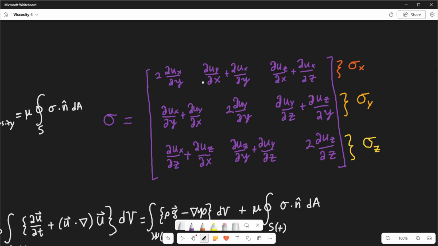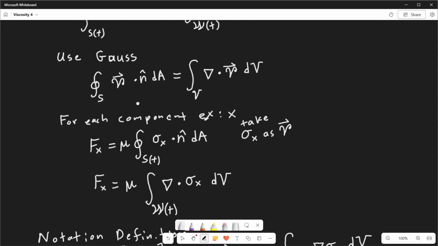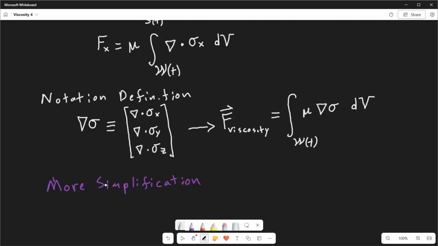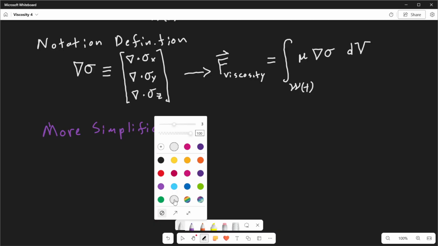So sigma is really just constructed from all these partial derivatives of these ux's, uy's, and uz's. So that can be used to do yet another step in simplification.